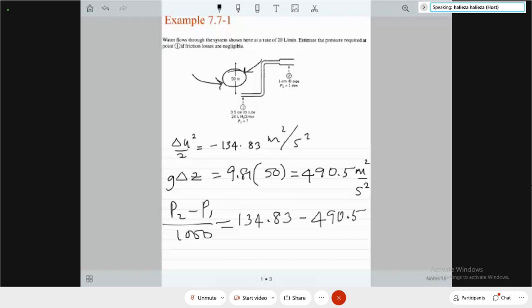Okay, so when you solve for it, now you multiply by 1,000, your P1, this value is equal to 1.01325 times 10 to the power 5. What is your answer for P1 in Newton per meter square? We have dealt with the unit before, so we should have no worry with the unit.